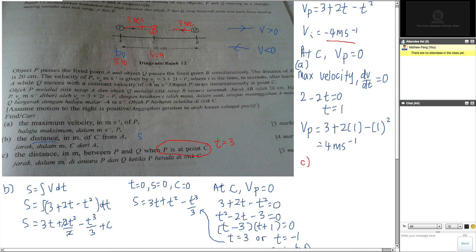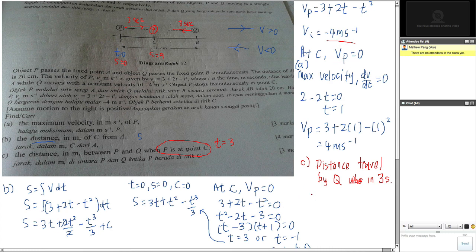So I will say the distance traveled by Q in 3 seconds. Alright, we know 4 meter per second means each second the particle travels 4 meter, isn't it?